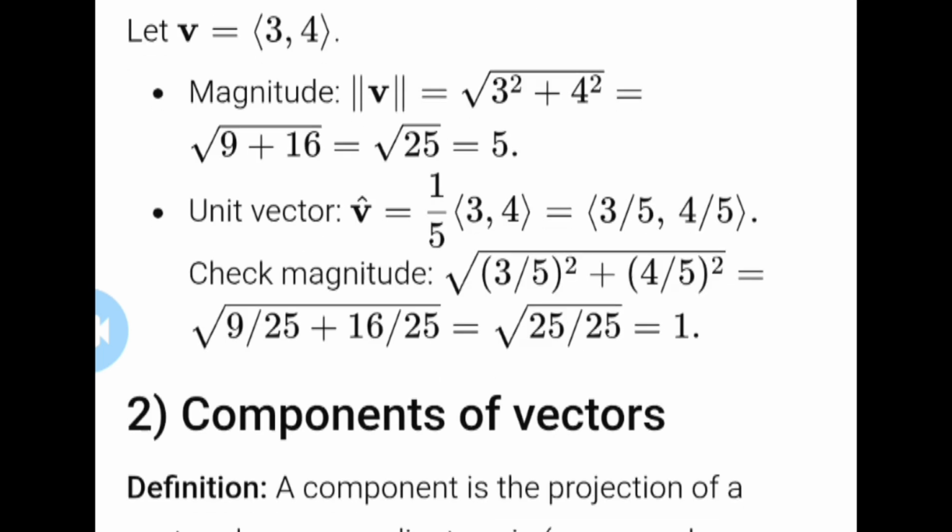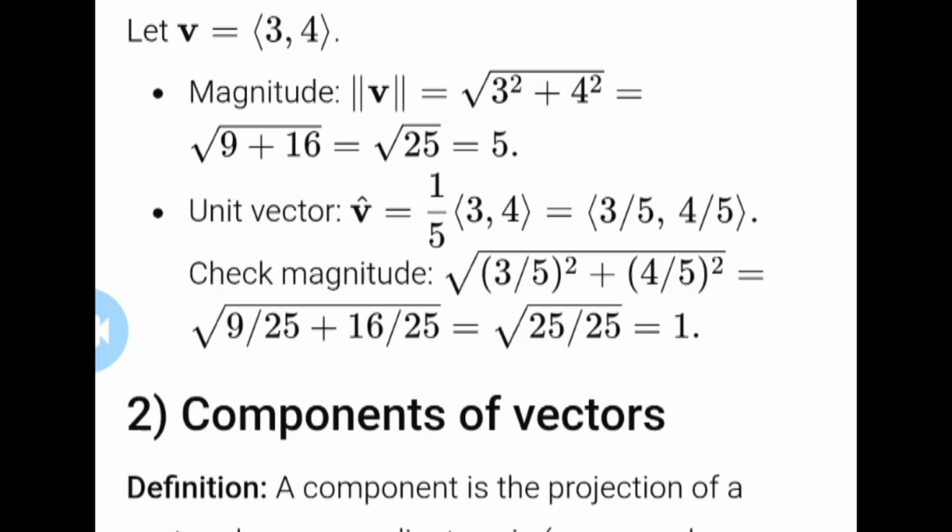Unit vector v equals 1/5 times (3, 4) equals (3/5, 4/5). Check magnitude. So in this part, what you're doing is dividing it by 5. Why are you dividing it by 5? You are dividing it by 5 because 5 is the magnitude. So if you take the dot product of the unit vector with itself, the answer should be 1.